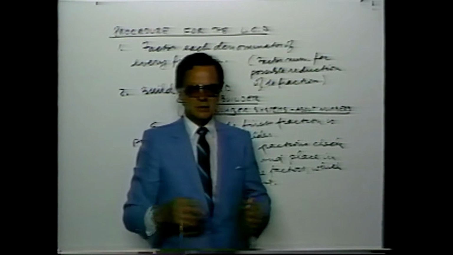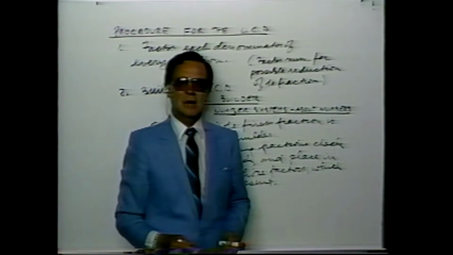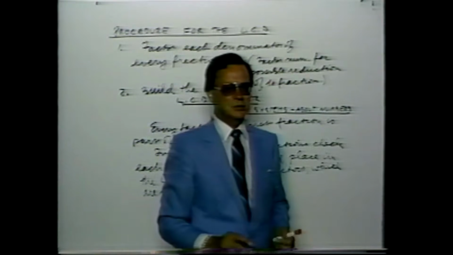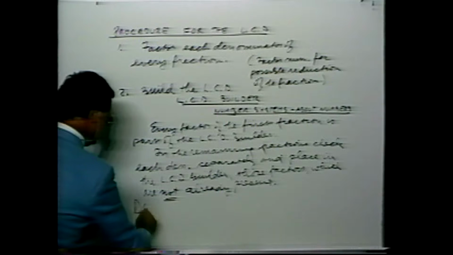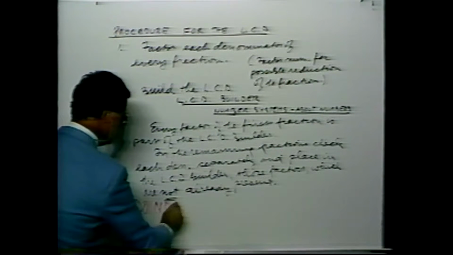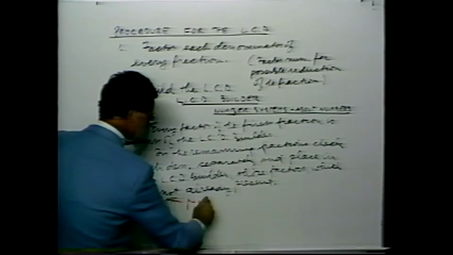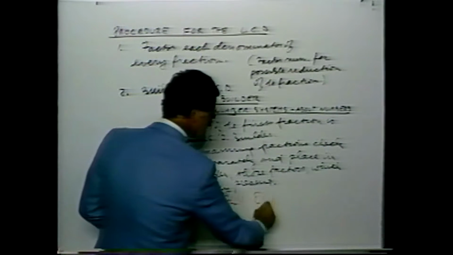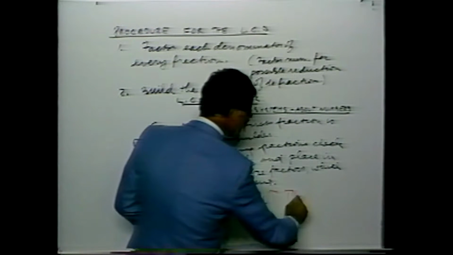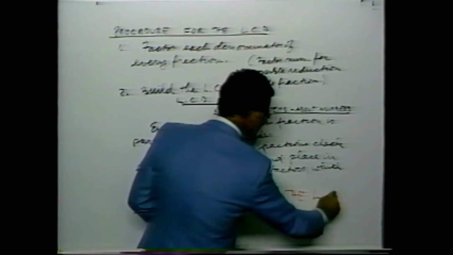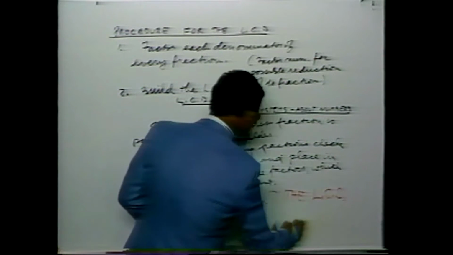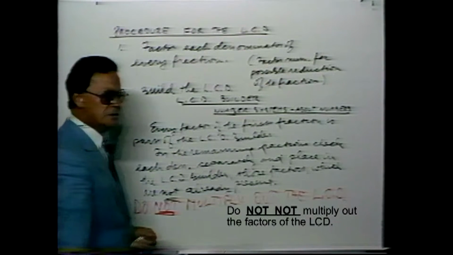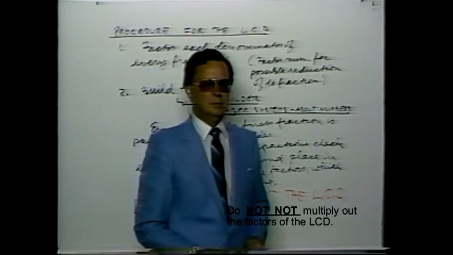Now, having established the lowest common denominator, do not multiply these factors out. Leave the LCD in factored form.